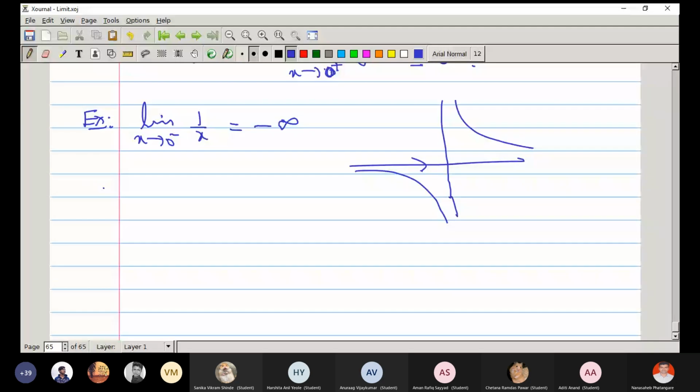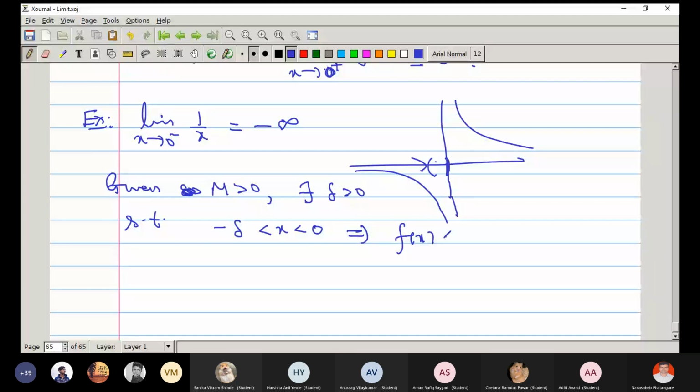Now how will you prove this? Given m, there exists delta such that, so this is the left hand limit, minus delta less than x less than 0. That means there is a delta neighborhood, a half neighborhood of 0, because we are approaching from the left side only. This implies what about f of x? f of x is less than minus m.